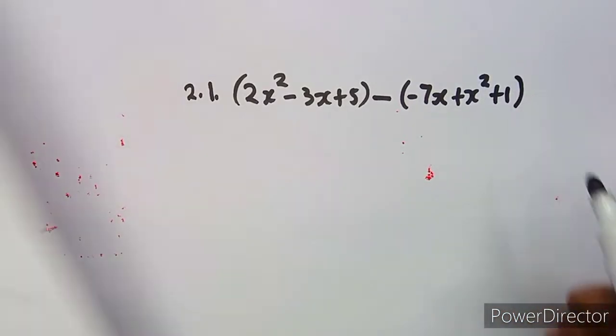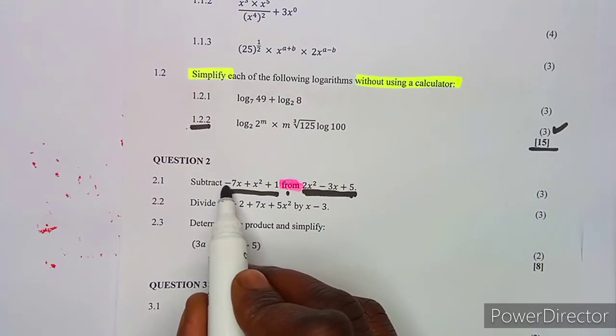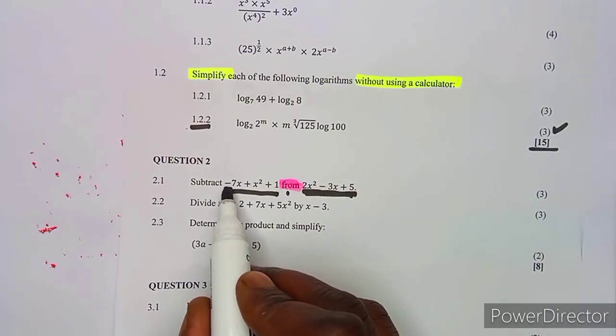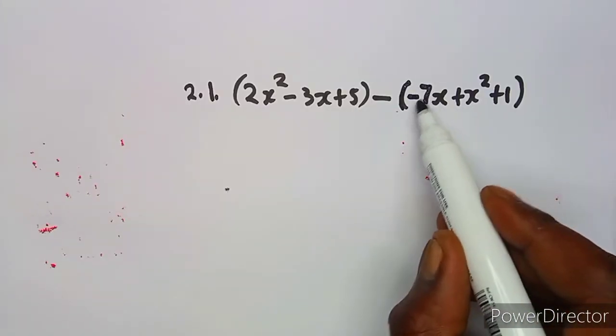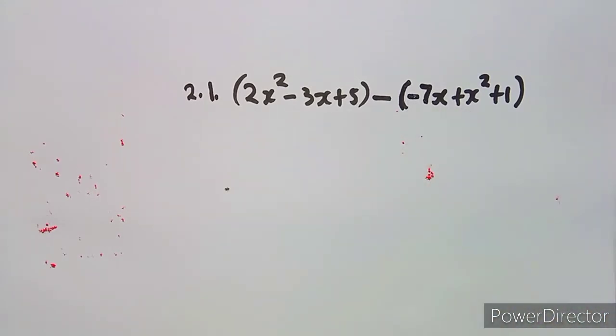Take note, this expression already has a minus. There's already a minus on 7. So just open your bracket, write the expression as it is with a minus. Now you're going to expand the brackets.